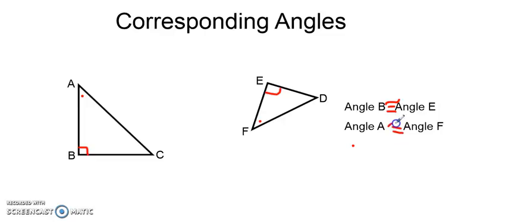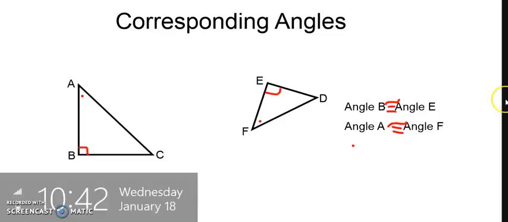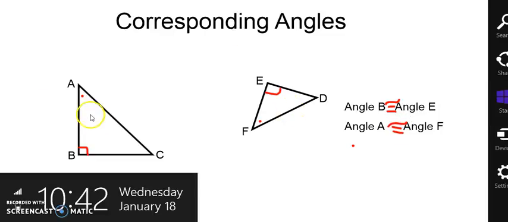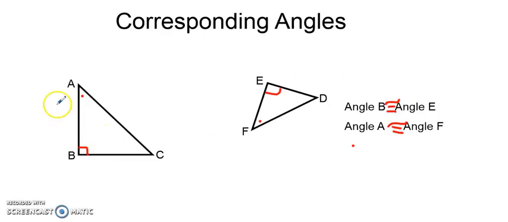So if you notice with sides, they're going to be similar because there's a scale factor. But with angles, if they're similar, they're going to be exactly the same. So that's why we put congruent. So let me put that distinction on the bottom.